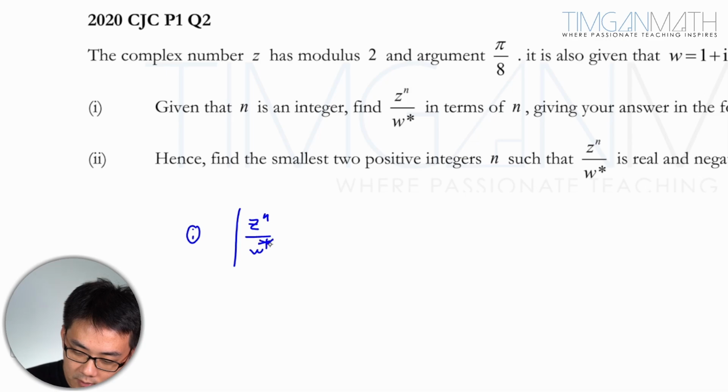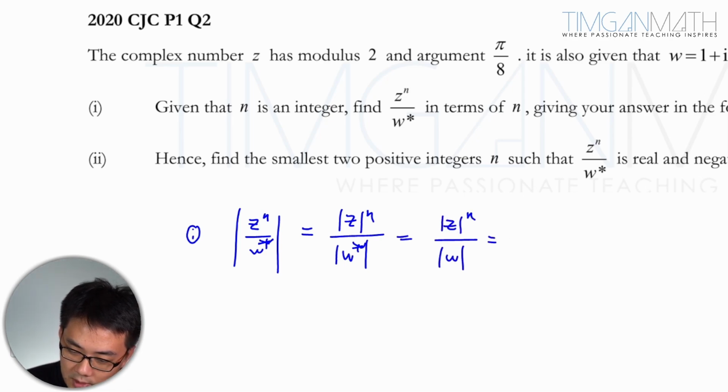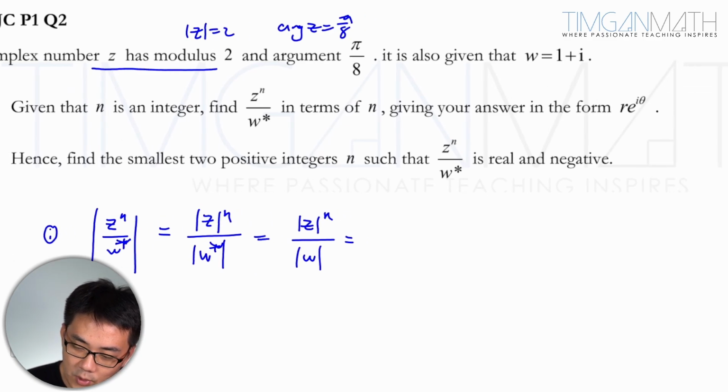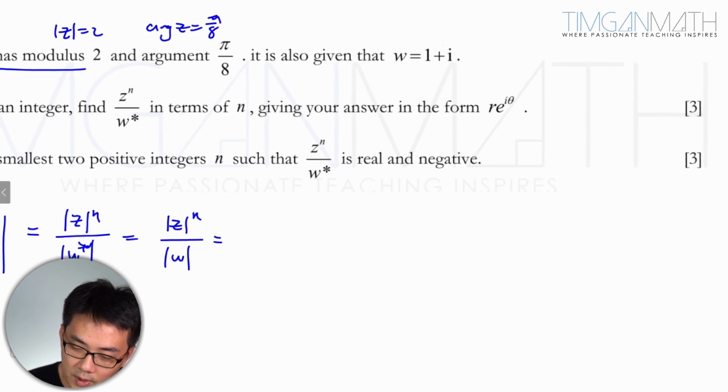So modulus of this would just be Zn over W, which is actually just mod Z is 2, argument Z is pi over 8, W is 1 plus i, so argument of W is pi over 4, right?